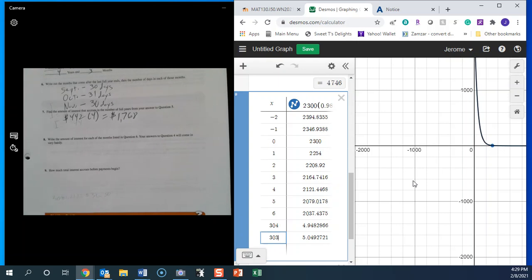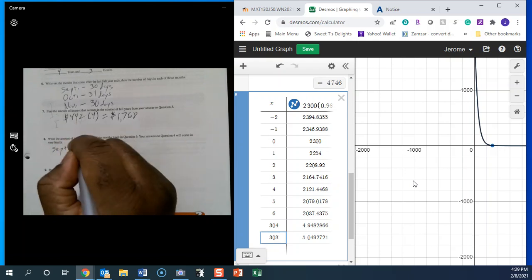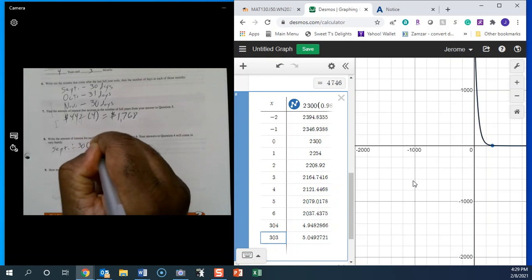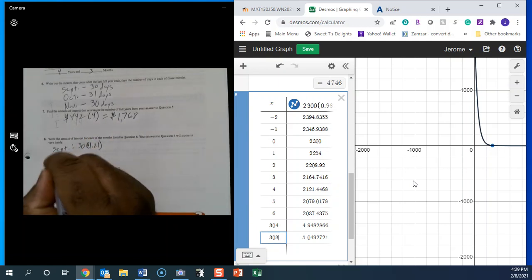Okay, number 8. It says write the amount of interest for each of the months listed in question 6. Your answer to question 4 will come in very handy. So if we look here at September, we know that it's 30 days. So we'll take 30 times the $1.21 that we found out earlier.